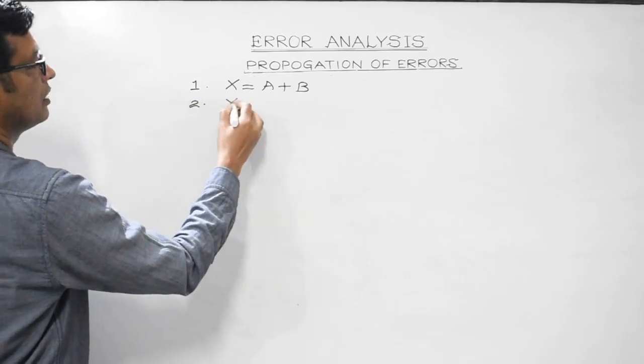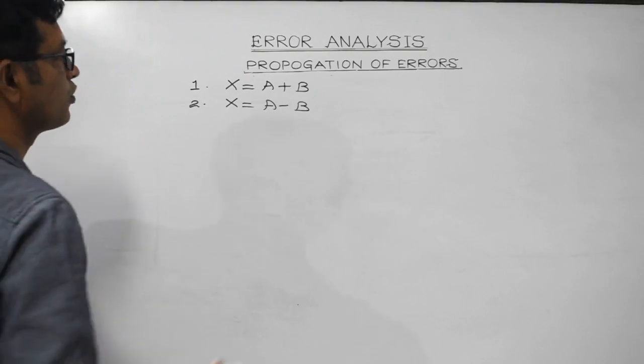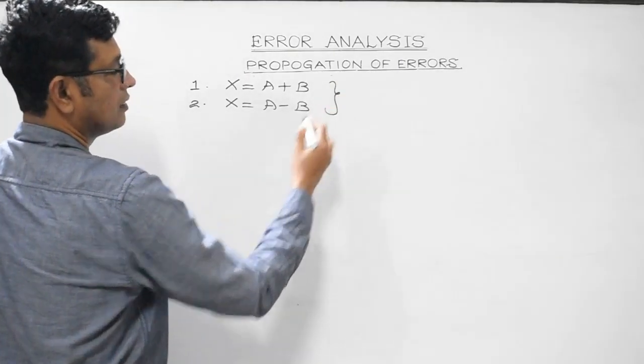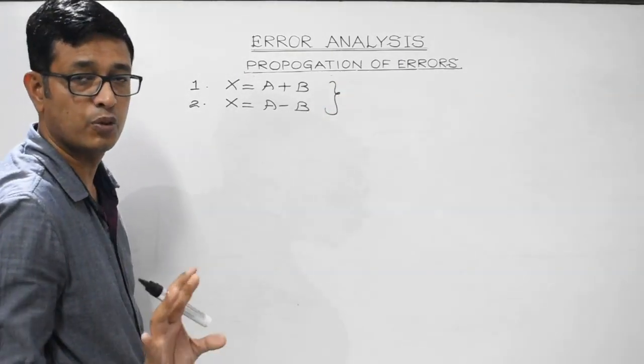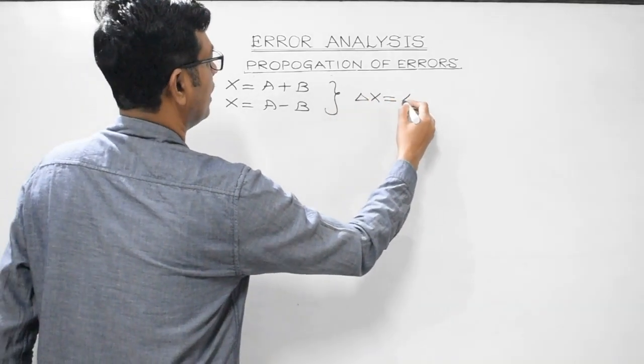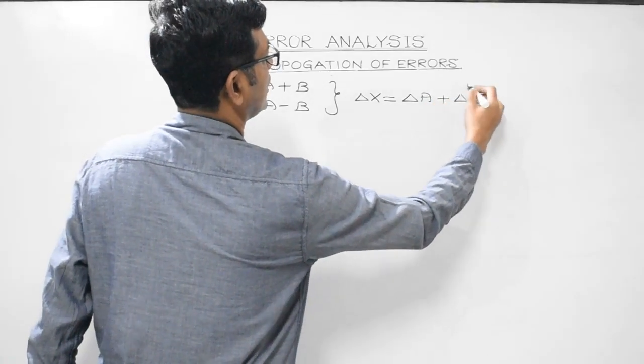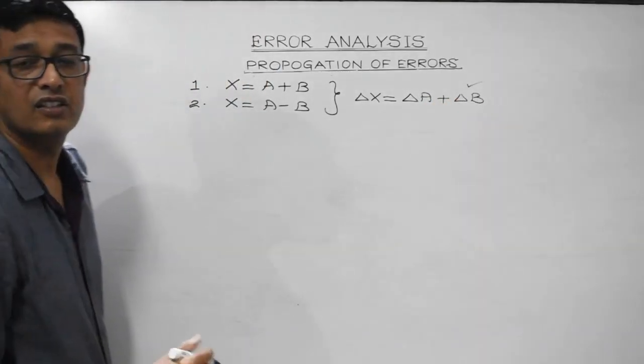Second case, when the result involves the subtraction or difference of two measured quantities. In both cases, the errors are propagated in the same manner. That is, the maximum absolute error in x is given by the sum of the maximum absolute errors in the observed values.